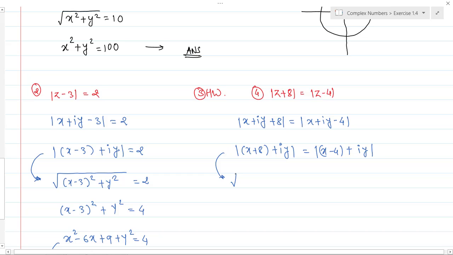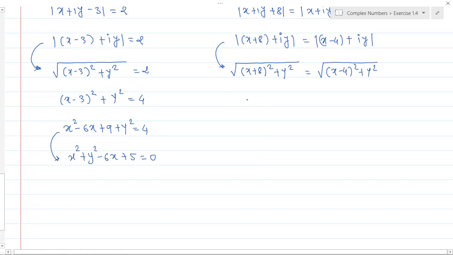So this becomes the square root of (x plus 8) whole square plus y square, which equals the root of (x minus 4) whole square plus y square. Taking squares on both sides, I get (x plus 8) whole square plus y square equals (x minus 4) whole square plus y square.